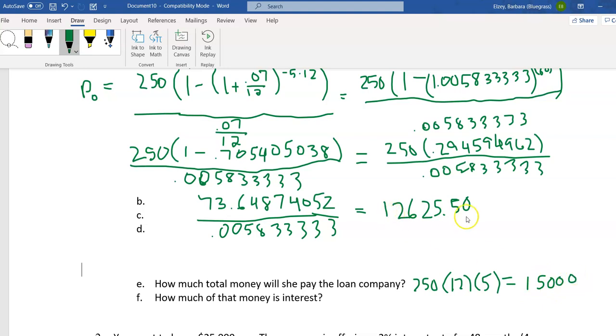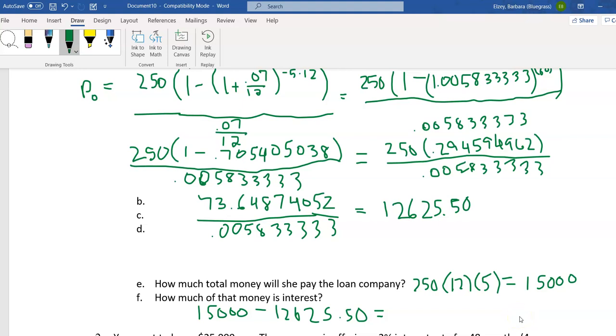So the car she's buying is $12,625, but she's going to pay $15,000. And we know that, of course, when we're paying for a car, we're going to pay more than the car is worth because we're paying for interest. All right, so how much of that money is interest? Well, let's just subtract the $15,000 minus the worth of the car, or the amount that gets financed, and we will have how much interest there is.